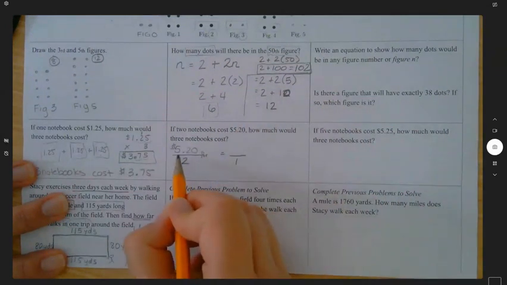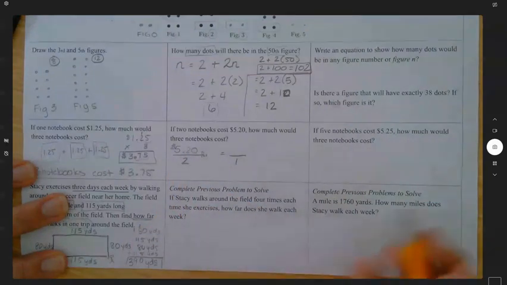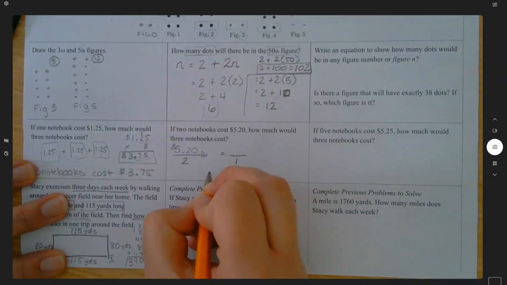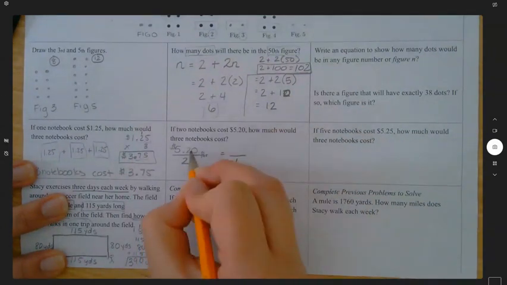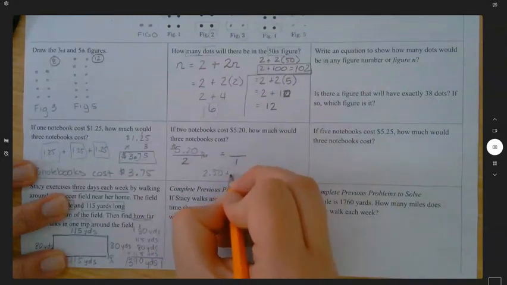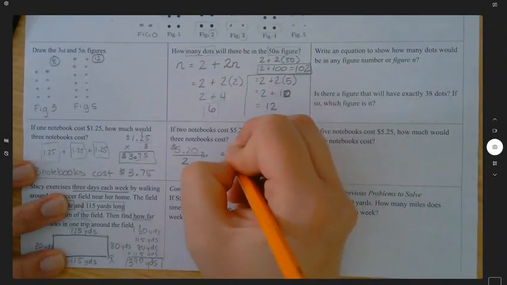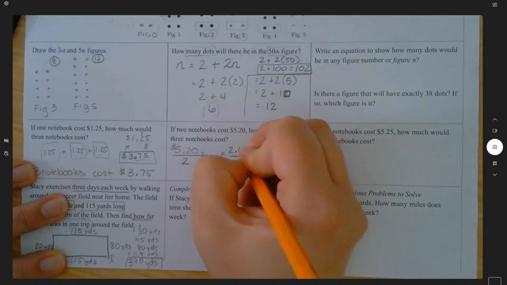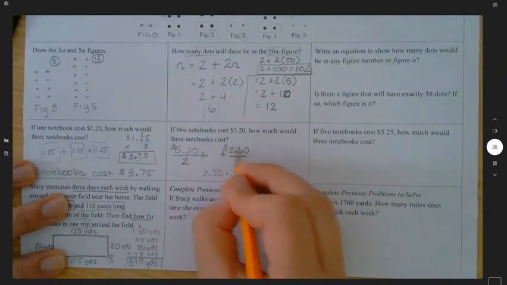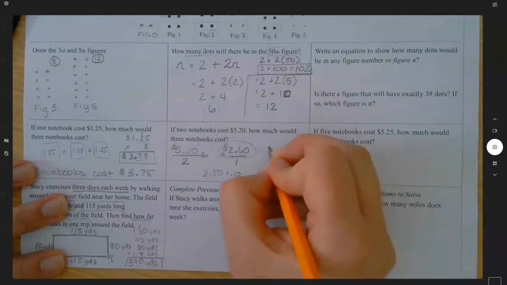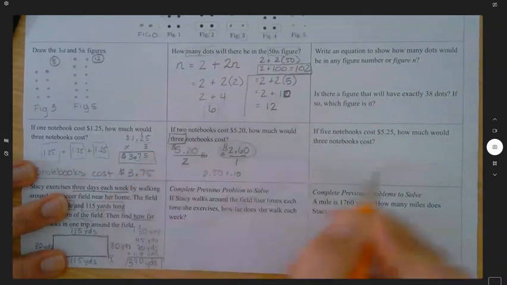And we would do that by dividing 520 by 2. So I know $5 divided by 2 is $2.50 plus then 10 cents. So each notebook would cost $2.60.